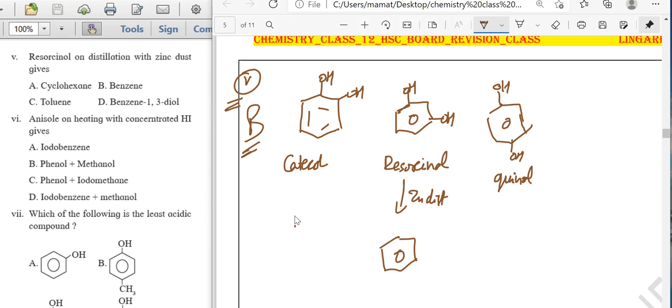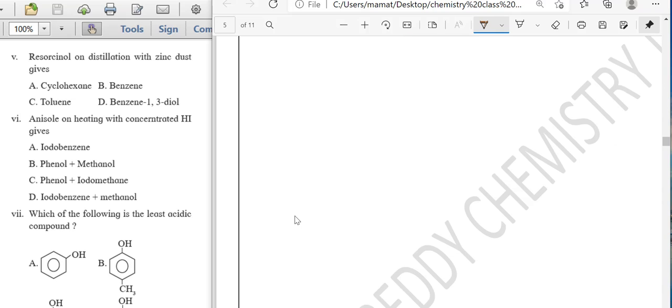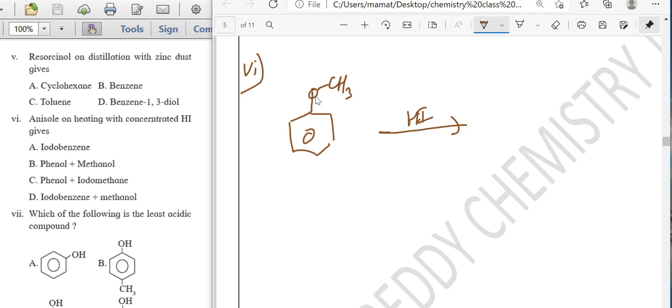Next, question number 6. Anisole. Anisole means you have to know the structure at least, then only you can answer it. Very simple. Anisole means benzene and OCH3. Methoxybenzene we can say. The ether functional group is there, and reaction with HI, we discussed at the start this important reaction, cleavage of ether.